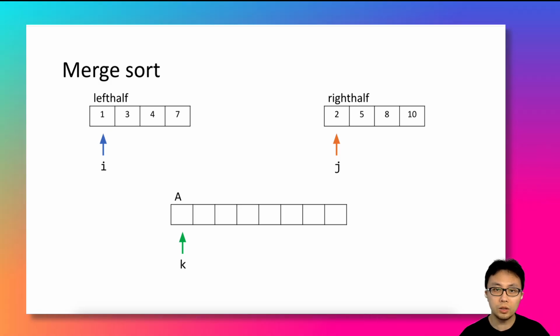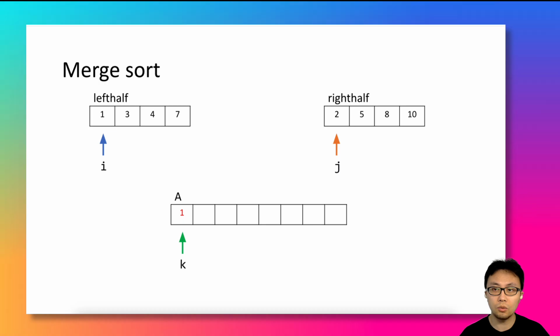In this example, as shown on the screen, I currently points at 1. J currently points at 2. Since 1 is smaller than 2, it will place 1 into the index of K, which is 0 in A. After this, it will move the pointers from either left half or right half if you have copied this element to A. In our example, we copied 1 to A, and 1 comes from left half, so we move I rightward by 1 step.